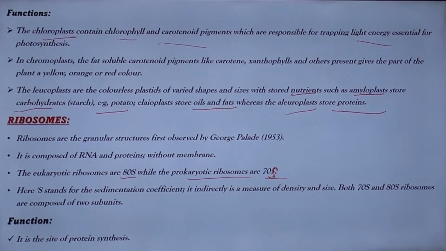S stands for the sedimentation coefficient. It indirectly is a measure of density and size. It is composed of 2 subunits; totally 70 is 30S plus 50S.